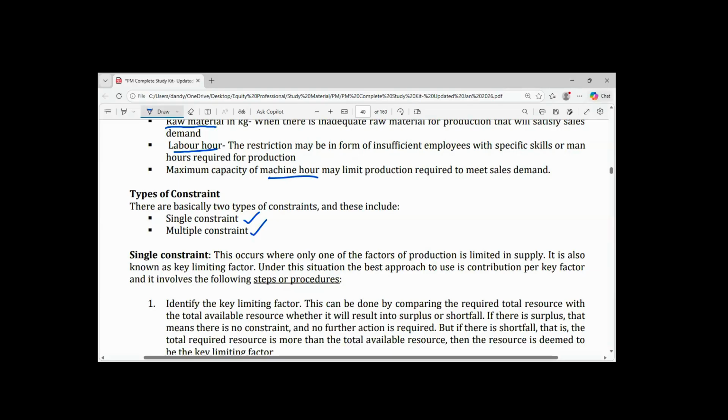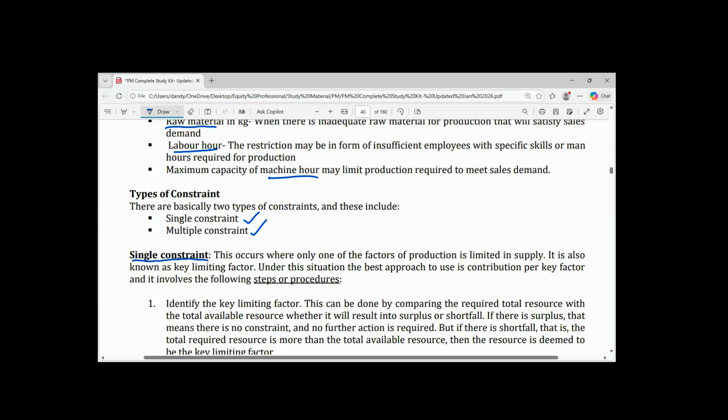Now, a single constraint arises whereby only one factor of production is limited in supply. So when only one factor of production is limited in supply, we say it is a single constraint.